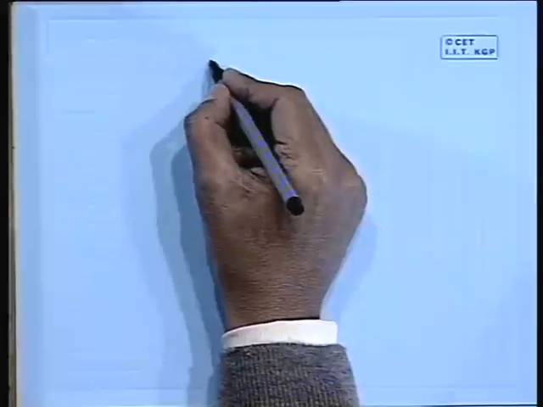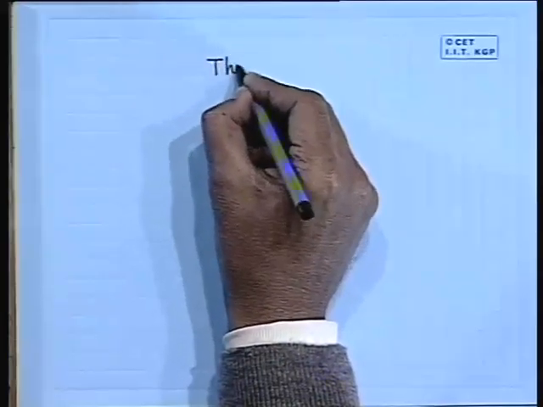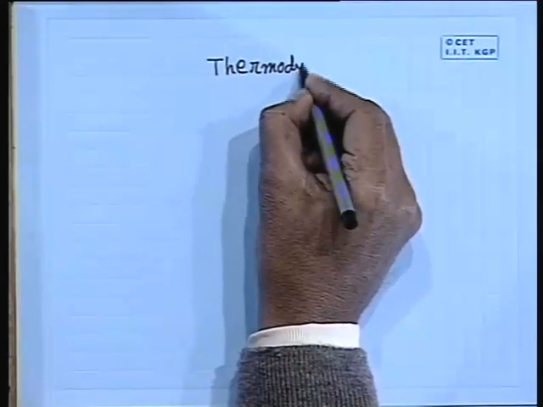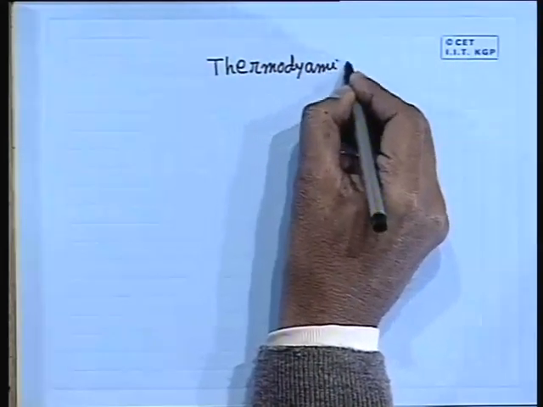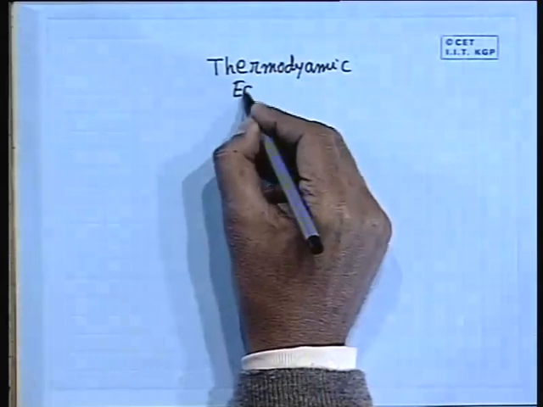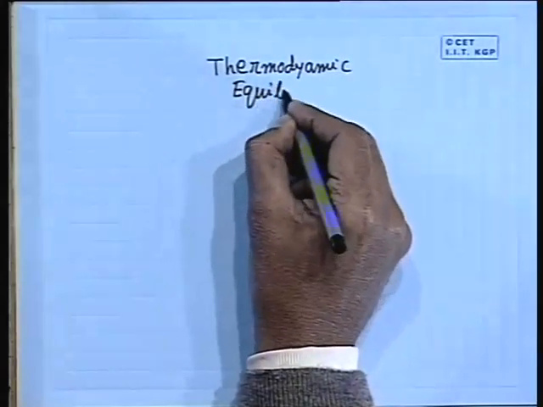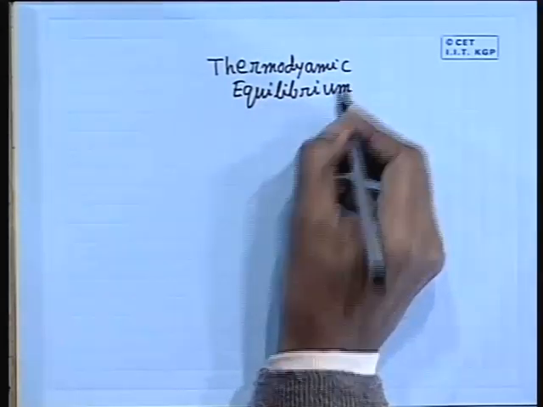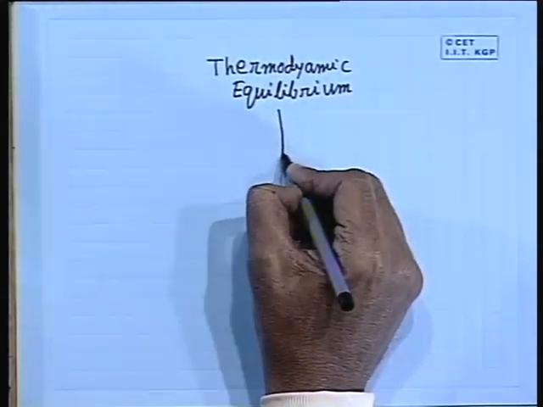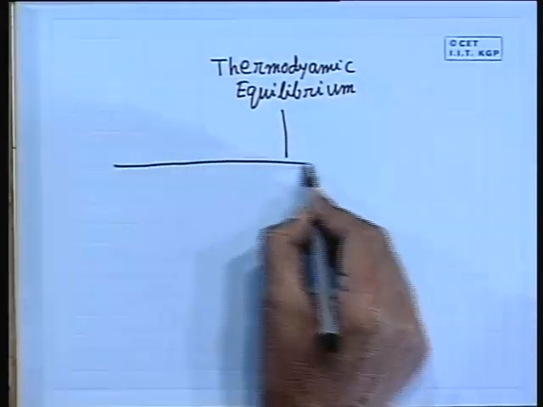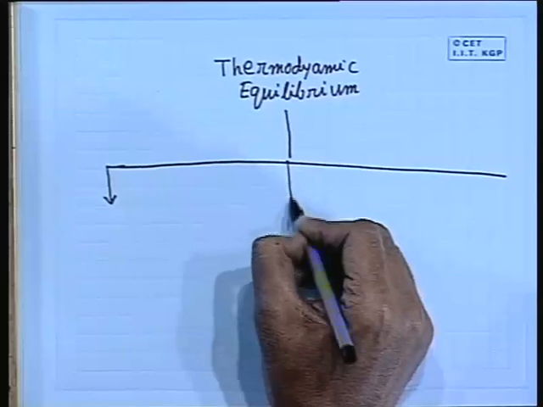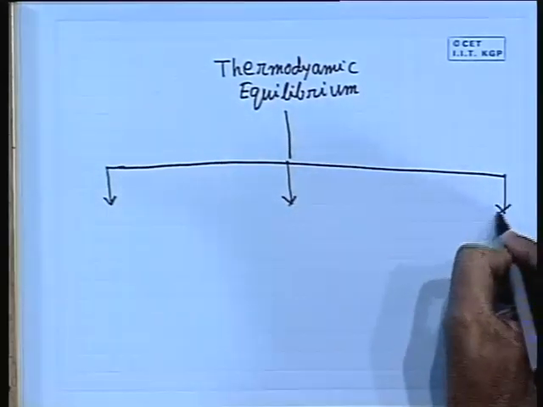If you write thermodynamic equilibrium, three types of equilibrium are needed.